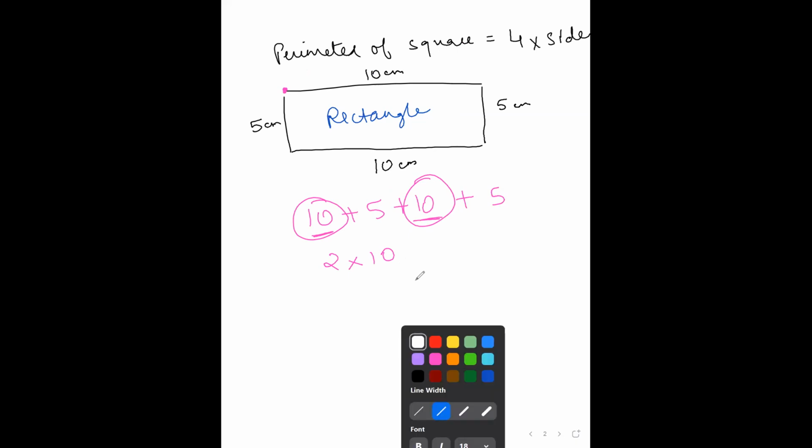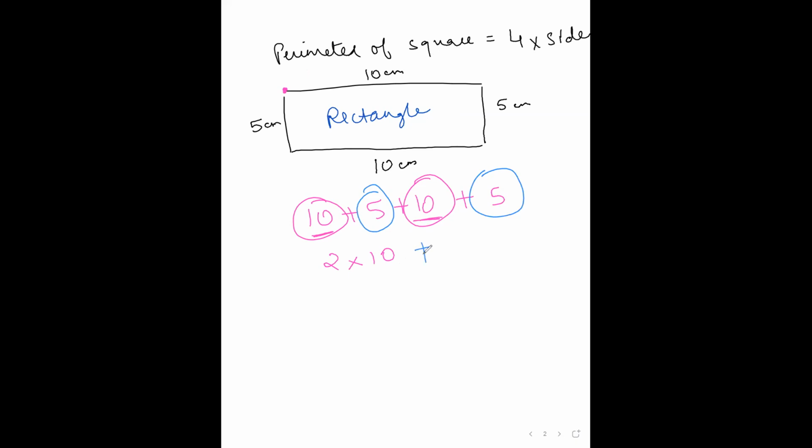Similarly, this is 5 and 5. So what are we adding? We are adding 5 two times. So that's why 2 times 5. So it will be 2 times 10 plus 2 times 5.